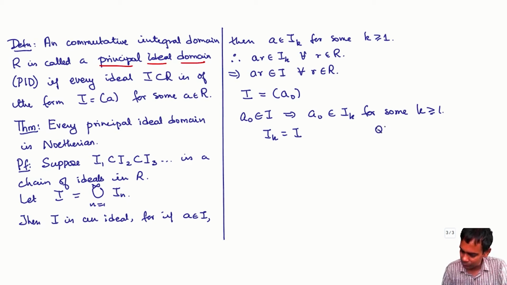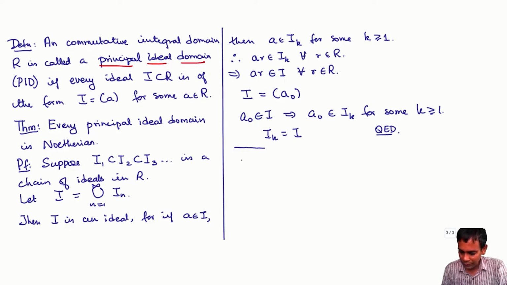So it's a very simple proof and just comes from the fact that the union of an infinite chain of ideals is again an ideal.